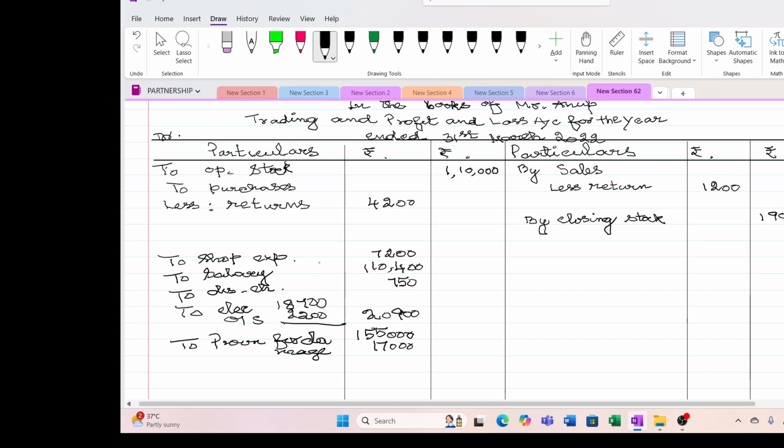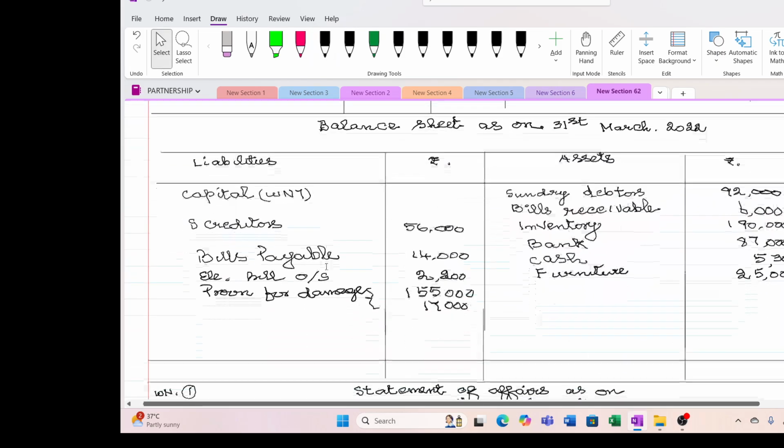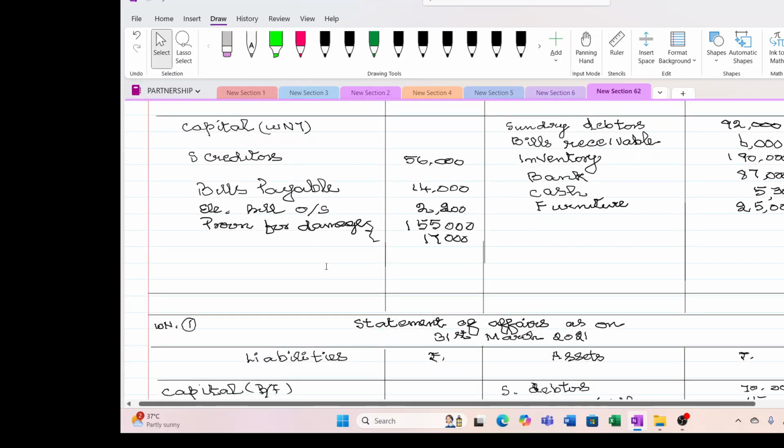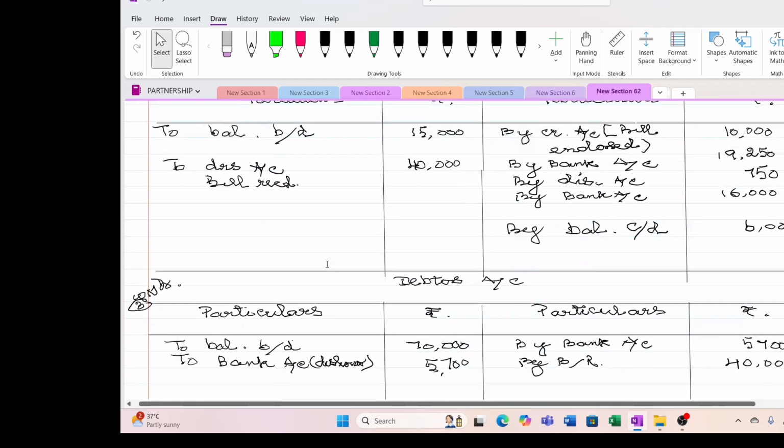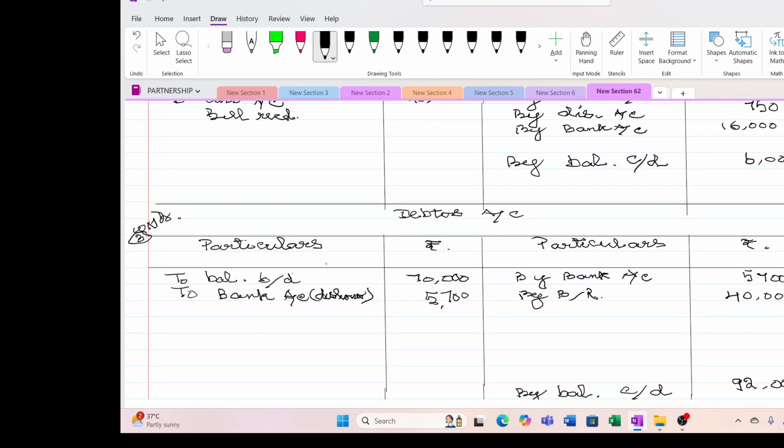So this has to go to your debtor account and creditor account. Debtor account by sales return 1,200.